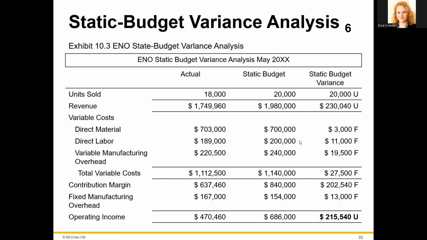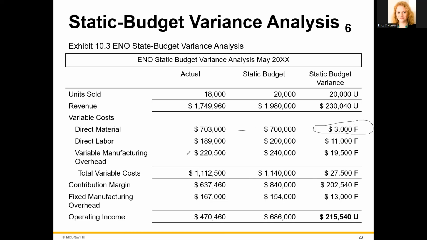Direct labor was $10, if I recall. And the variable manufacturing overhead, I think, was $12 per unit, multiplied out times 20,000 units. But then they also did the same thing for 18,000 units. The difference between the two in their operating income is the static budget variance. They figure out that static budget variance on a line-by-line basis here. So taking the difference, 703 minus 700 gets us here.